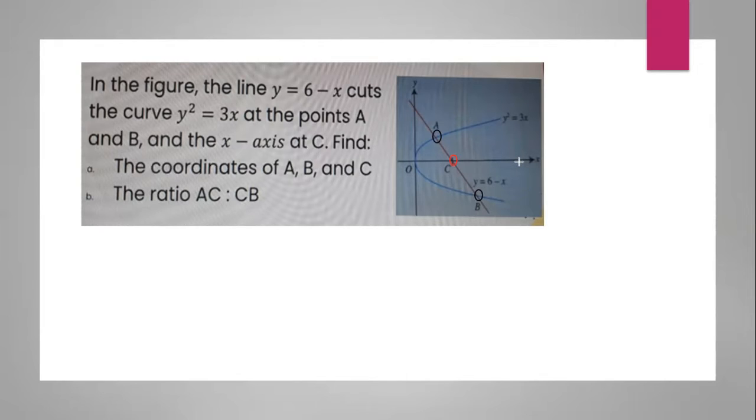Find the coordinates of A, B, and C. And then question B, the ratio AC to CB. Very easy, I think.